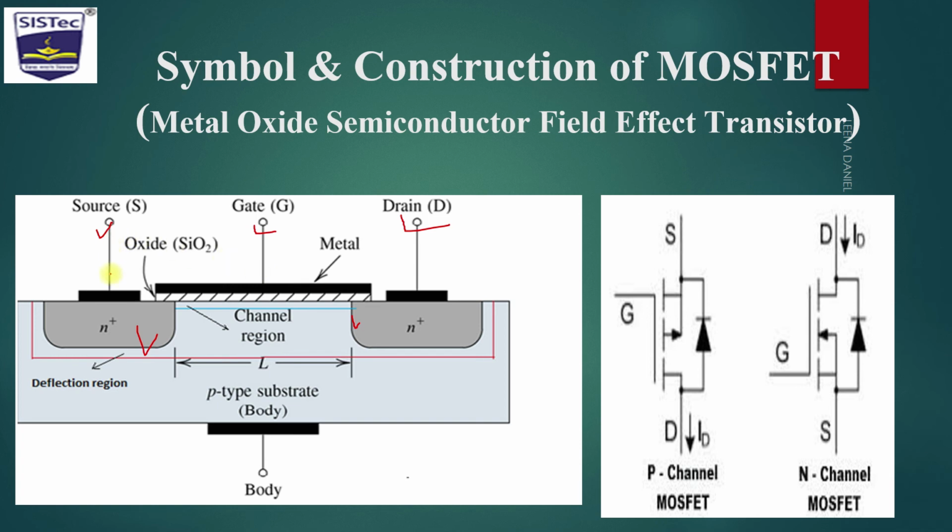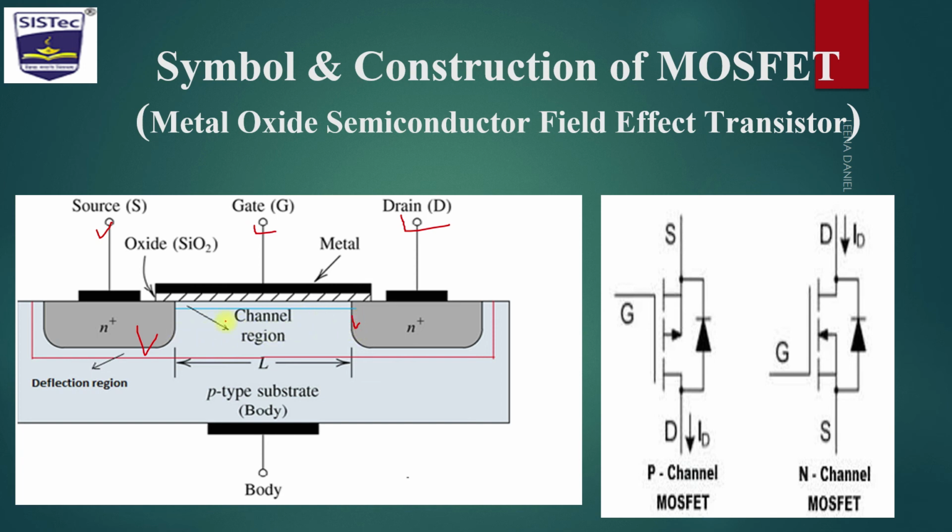Here conduction will start, and conduction will always flow from drain to source. So what is our main task? To make the MOSFET conduct, we have to fill this channel.